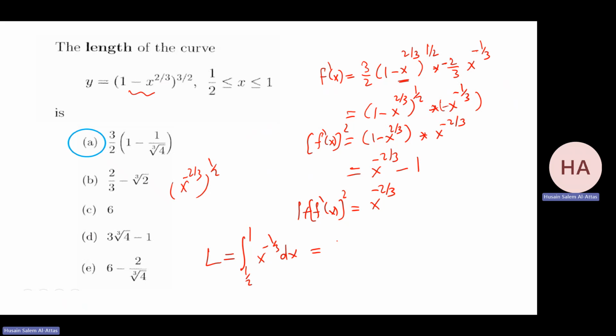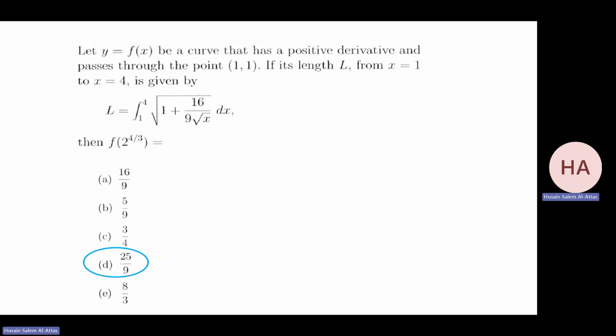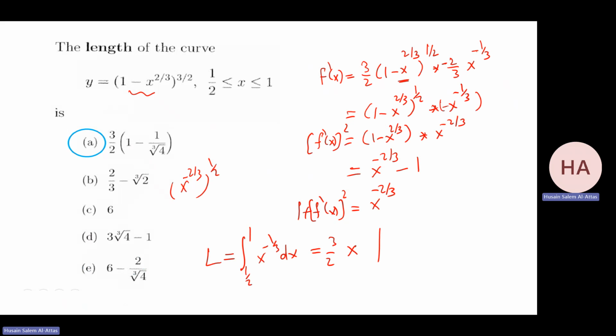So I add 1, it gives me 2 over 3. So this will be 3 over 2, x to the power 2 over 3 from half to 1. Yeah, that gives me 3 over 2.